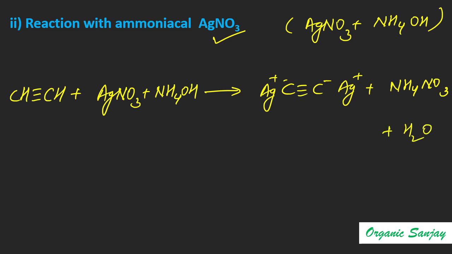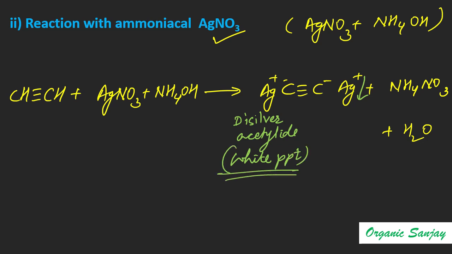This product is called disilver acetylide, a white precipitate insoluble in water. For balancing, you can keep 2 here, here, here, and here, so it will be balanced.